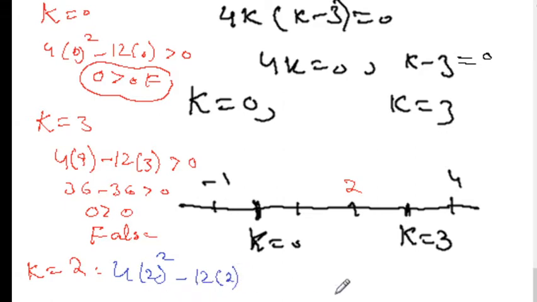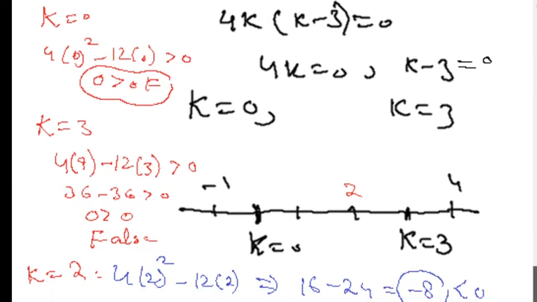Here I'm getting 4 into 4, which is 16, minus 24, which is giving me minus 8, which is less than 0. So that's not the solution.